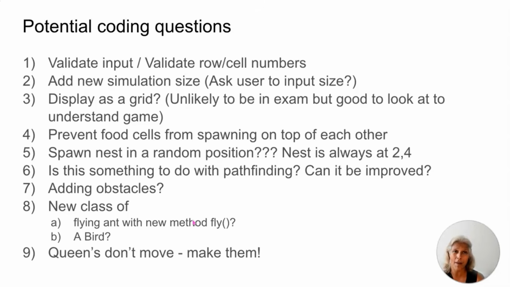In the foxes and rabbits one, you had to add a river, and the rabbits couldn't cross the river. So that might well be something to look at. I think there's definitely going to be adding a new class: flying ants, birds, forage ants. There's also the queens don't move currently, so that might be one.